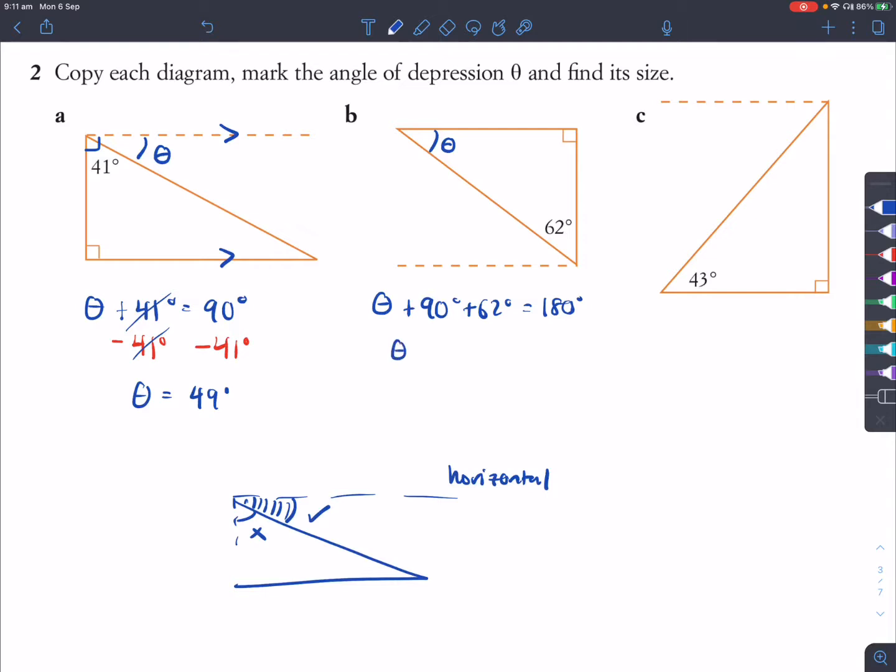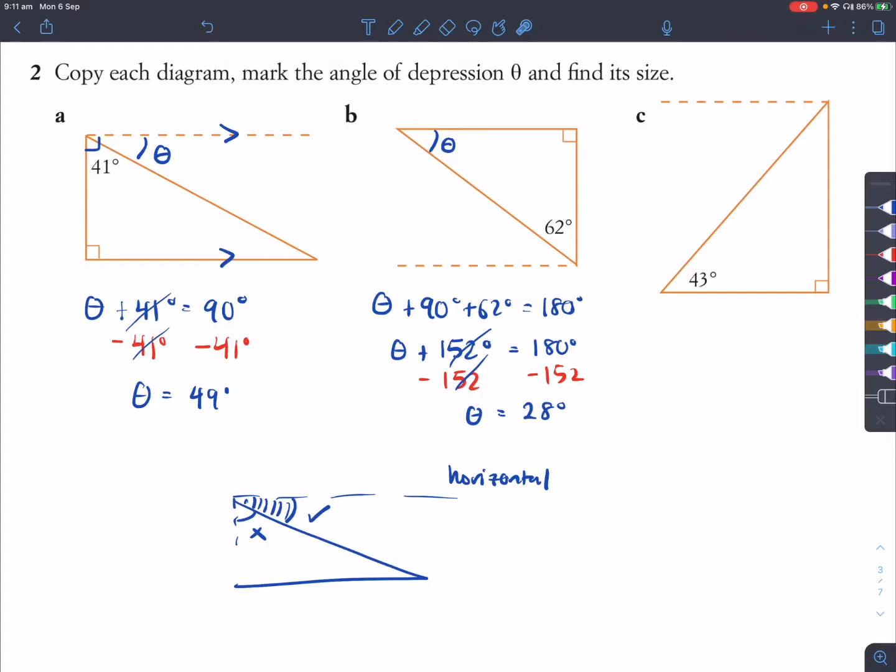Now theta plus these two angles, which is 152 degrees, is equal to 180 degrees. Okay? Now if I subtract both sides by 152, then that would mean theta would equal 28 degrees, right?